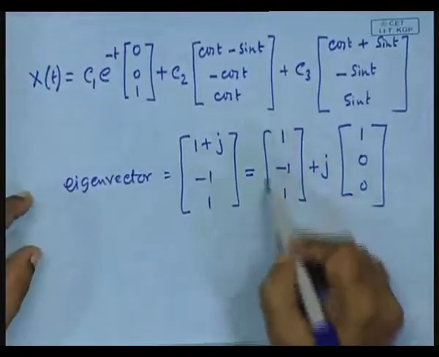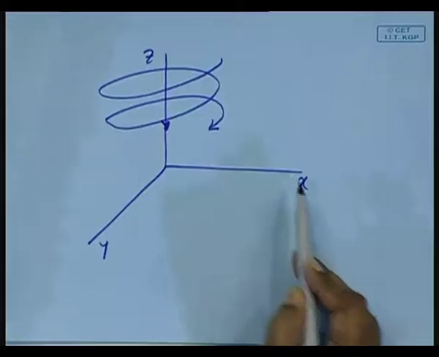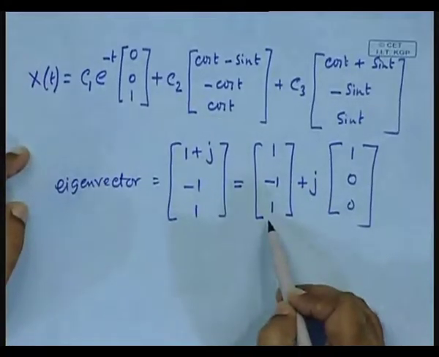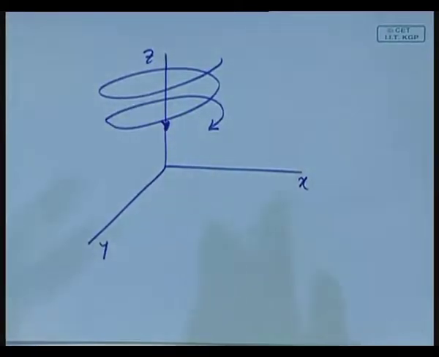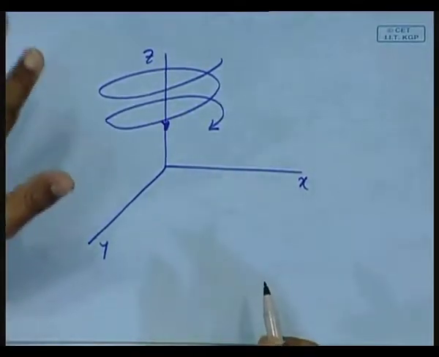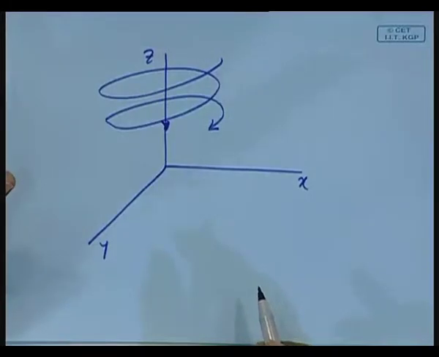Rather, it will converge onto the plane that is spanned by these two vectors. This is the x coordinate, and this is not. It will converge actually onto an inclined plane, and then in that inclined plane, what is the behavior? A circle.